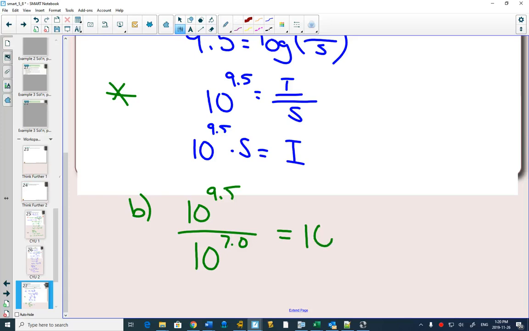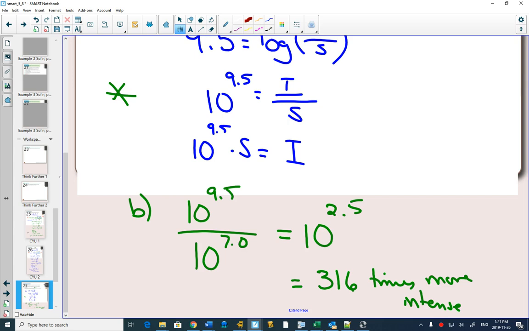So if I just simplify this, I get 10 to the 2.5. And if we do 10 to the 2.5 on our calculator, we get 316 times more intense.